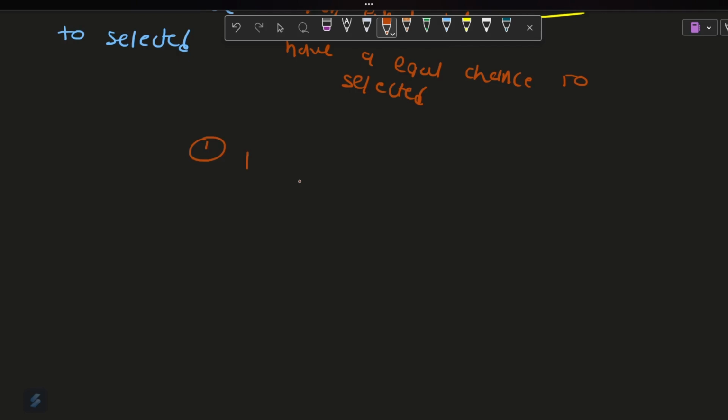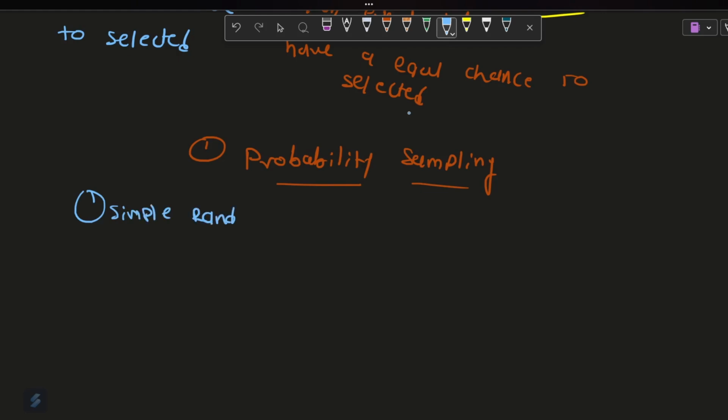So first is probability sampling. In probability sampling, things happen in different ways. The first one is simple random sampling.